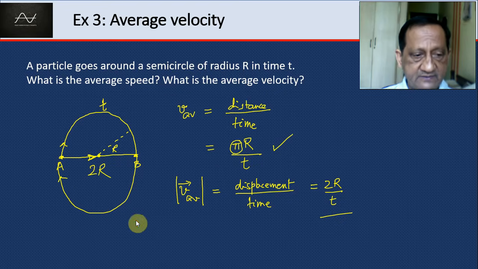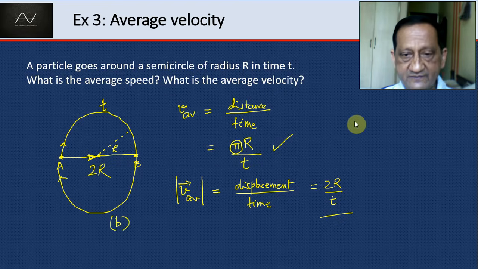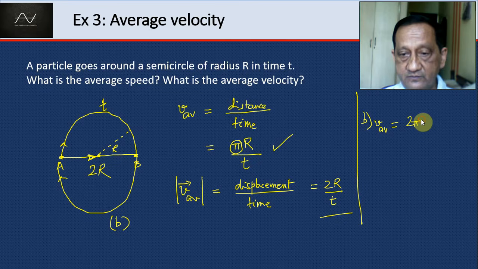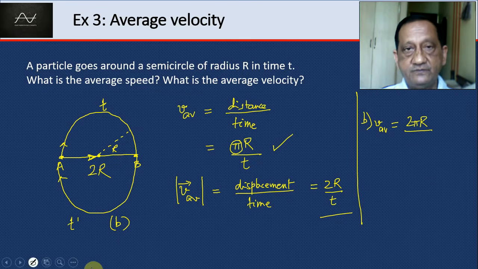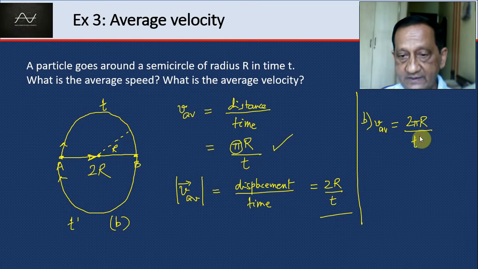Suppose I said that it went in a circle and came back. Suppose I said this B case, then what is average velocity? In the B case, the average speed, let us talk of first. The distance is 2 pi r now, right? And let us say the time taken was t dashed, then the total time taken is t dashed. That is the average speed. But what is the magnitude of the average velocity?